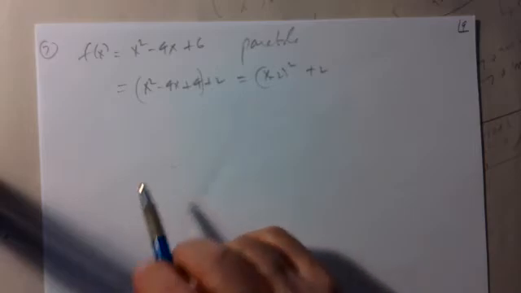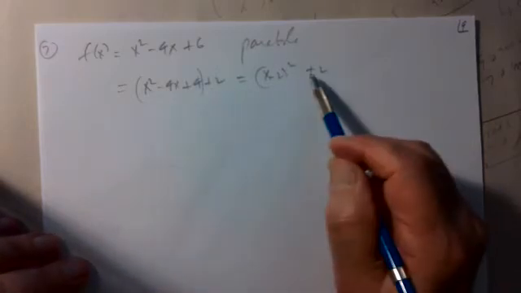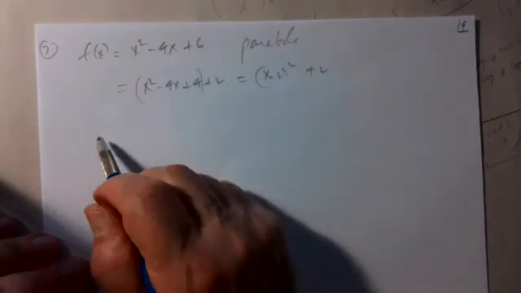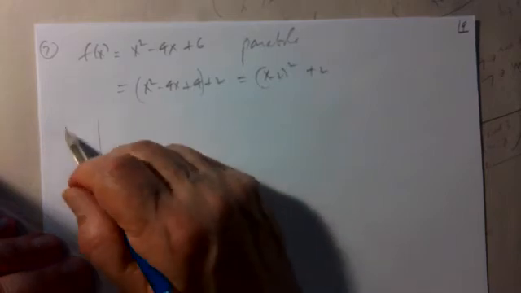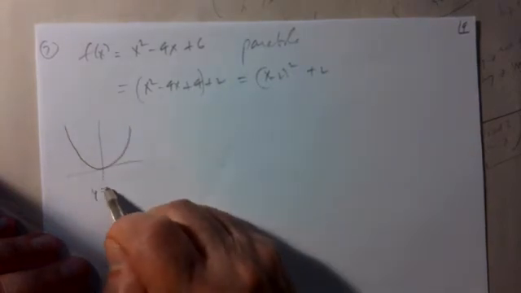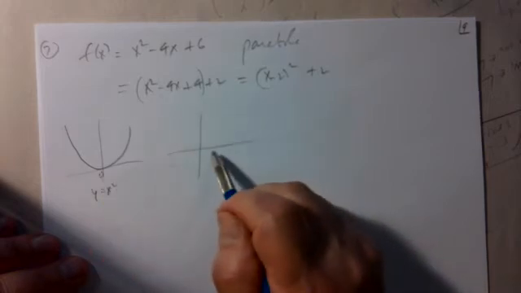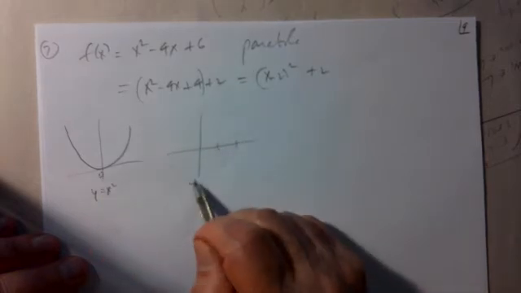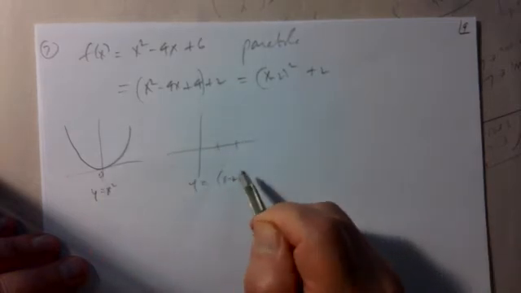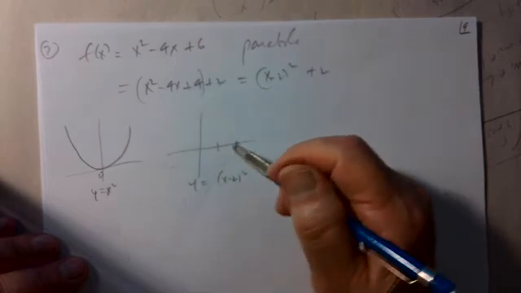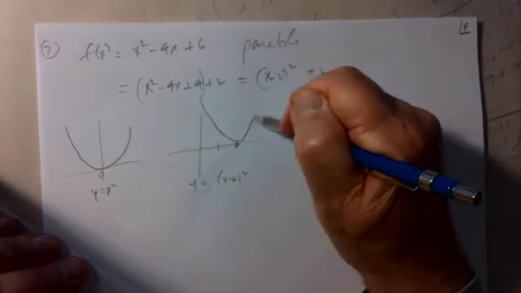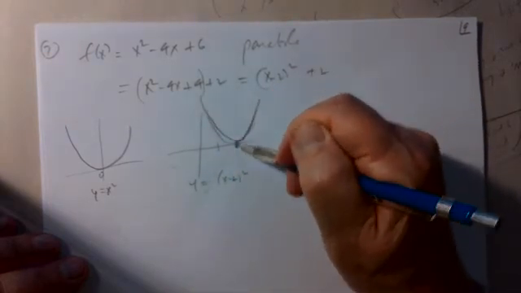So one way to see what the graph looks like is, if you start with the usual parabola y equals x squared, and look at y equals x minus 2 squared, that shifts the graph 2 units to the right.